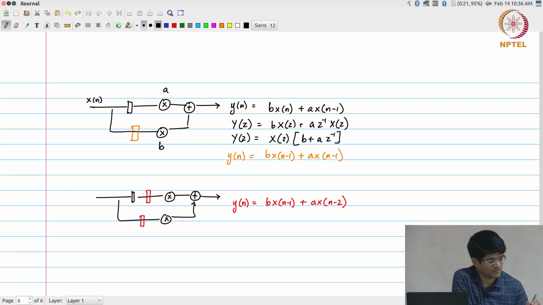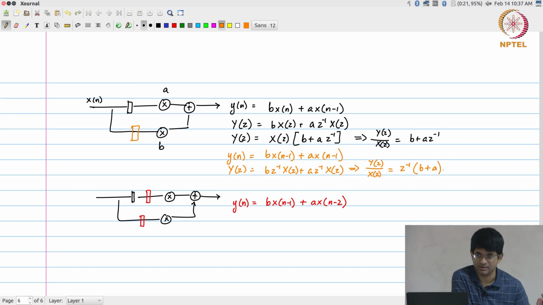Or alternatively, y of z by x of z, the transfer function, equals b plus a z inverse. In the second case, what I had was y of z equals b z inverse x of z plus a z inverse x of z, which gives us y of z by x of z equals z inverse into b plus a.